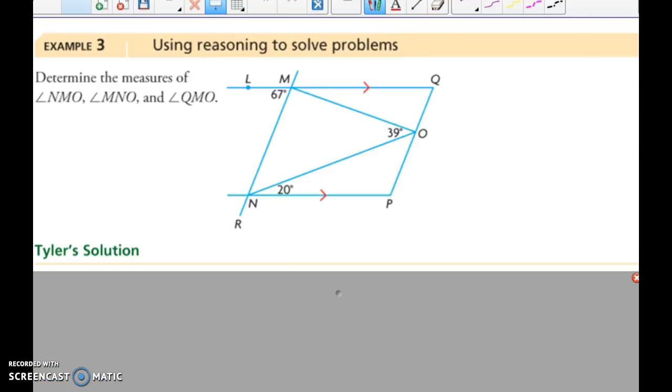And it says determine the measures of NMO. So NMO is this angle, MNO is this angle, and QMO, so this angle. Okay, so if we look, we have parallel lines here.